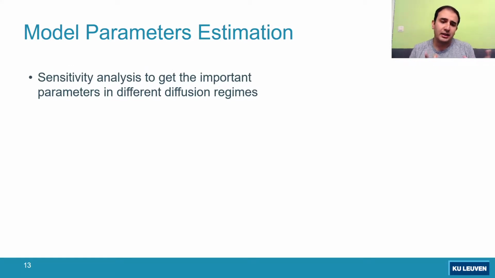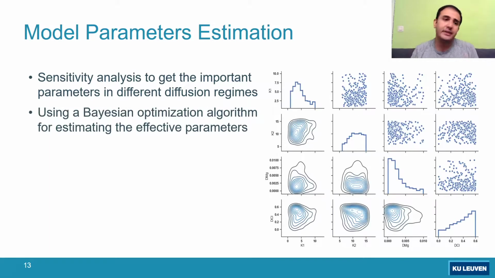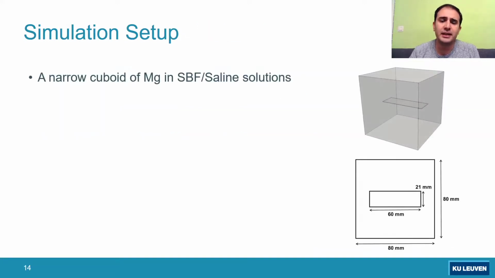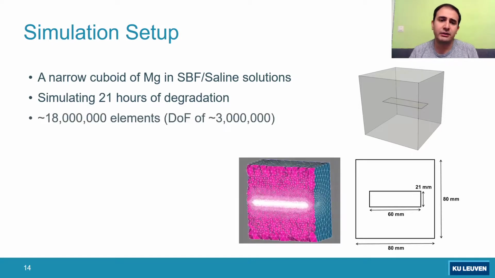We had several parameters. We did a sensitivity analysis to get important parameters in different diffusion regimes, and then used a Bayesian optimization algorithm to estimate the effective parameters for SBF solutions and saline solutions separately. The main simulation setup is a narrow cuboid of magnesium in both solutions, simulating 21 hours of degradation.